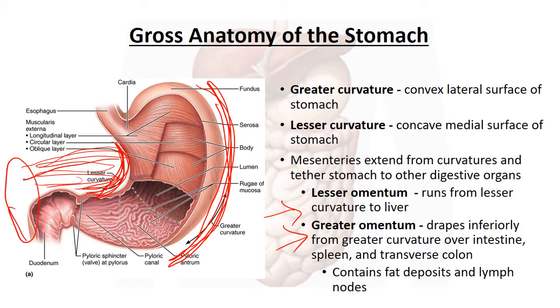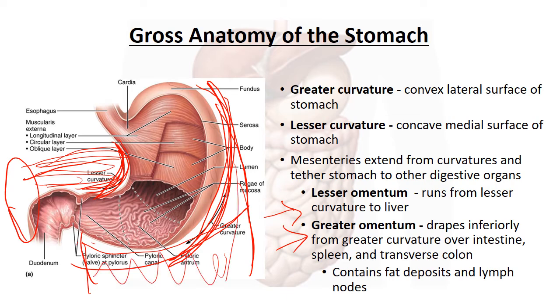There's another mesentery that is going to come off of this greater curvature of the body, and it is our greater omentum, and that omentum will act like a curtain. It will fold across the anterior side of your intestines.